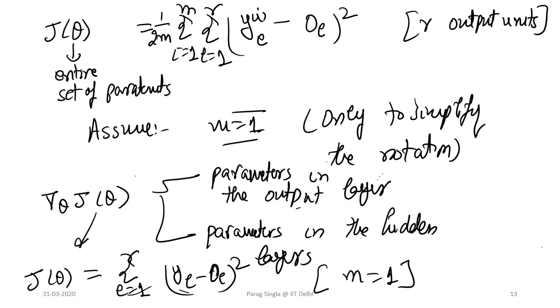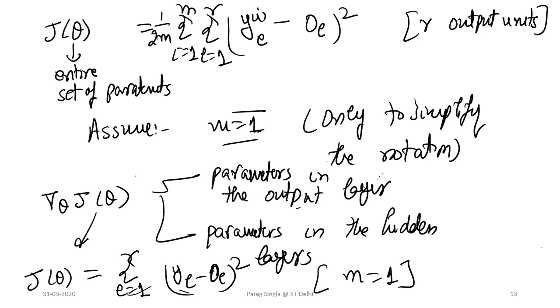Let us index them by L. Therefore it is the sum of (y_i^L minus O^L) squared, summation over L equal to 1 to R, and summation over i equal to 1 to m.